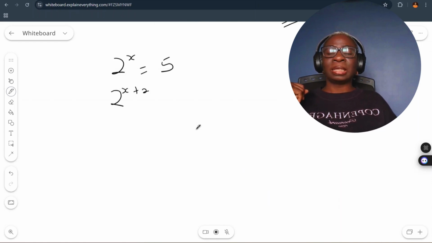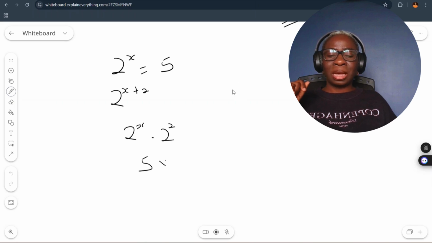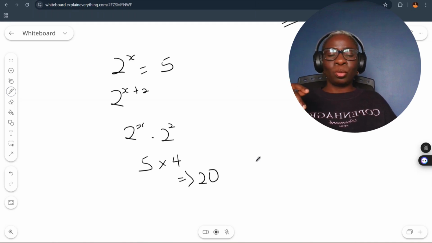Don't forget that 2 raised power x plus 2 is the same thing as 2 raised power x times 2 raised power 2, right? So now, since 2 raised power x is 5, we just bring 5 here. So this would give 5 times 2 raised power 2, which is 4. So the value of 2 raised power x plus 2 will be equal to 20.